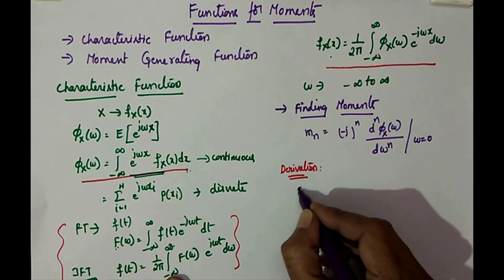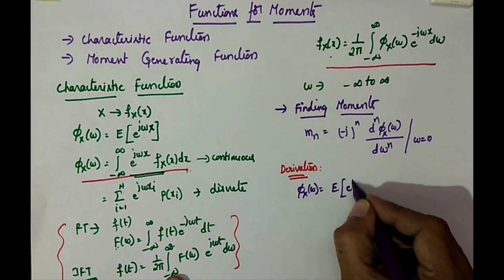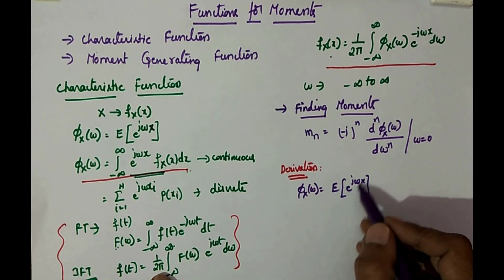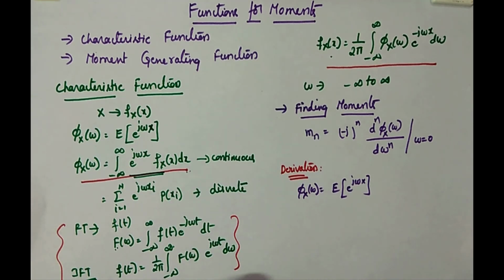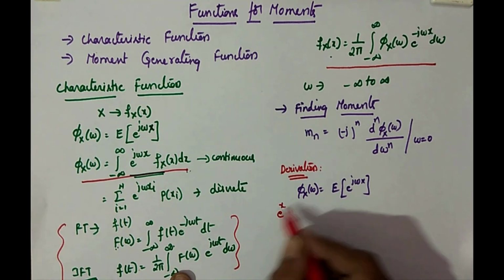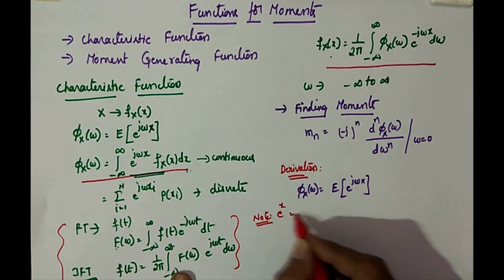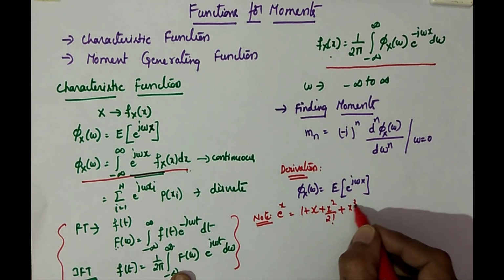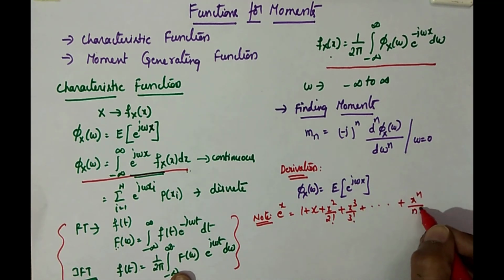I will start with the characteristic function phi X of omega. What is phi X of omega? The expectation of e power j omega X. Now we are expanding this e power j omega X using the series expansion. What is that equivalent expansion? You can take it as a note point. You can write e power x as 1 plus x by 1 factorial plus x square by 2 factorial plus x cube by 3 factorial and so on, up to x power n by n factorial.